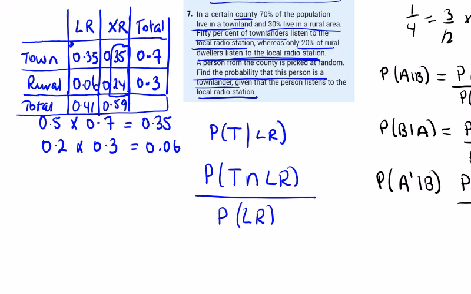You can see here town intersects with local radio here, 0.35 over local radio, which is 0.41. And 41 is prime, so we can just leave our answer as this. If they're looking for it as a decimal, 0.85, a couple more there, 37. So that's what we have for the first 3 questions in conditional probability that I want you to look at.